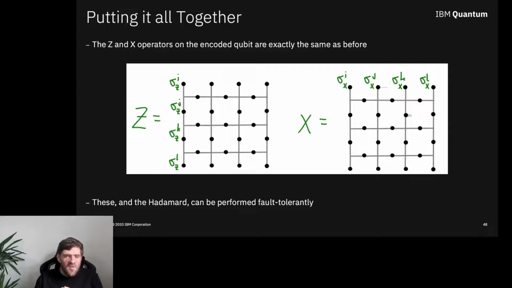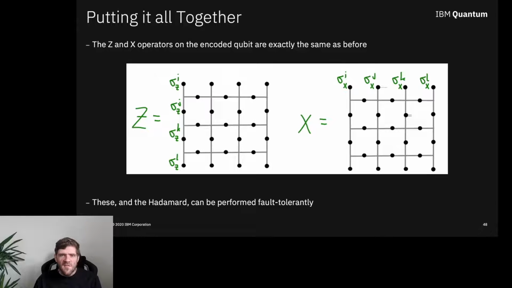It's not quite so obvious how to do this, but what does the Hadamard do but map X's to Z's and Z's to X's? So one thing you can actually do is take the code and rotate it by 90 degrees so that now lefts and rights become tops and bottoms. And the only other thing to do is swap the roles of zeros and ones and pluses and minuses, which can be done by just Hadamarding everything, relabeling your plaquettes as vertices and your vertices as plaquettes.